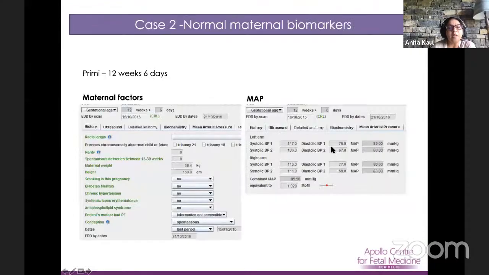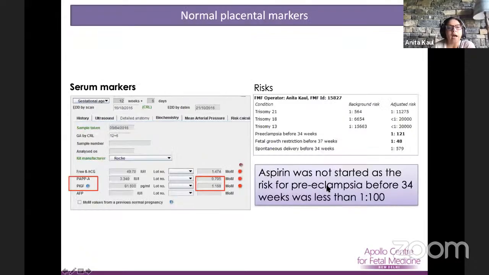However, when we looked at all the other things, her maternal history, when we measured her blood pressures, which you can see was plumb normal, and when we factored in PAPP-A and PLGF, because we universally do them, her PLGF was fantastic. So therefore, her risk of preeclampsia was still very low, where we take 1 in 100 as a cutoff.